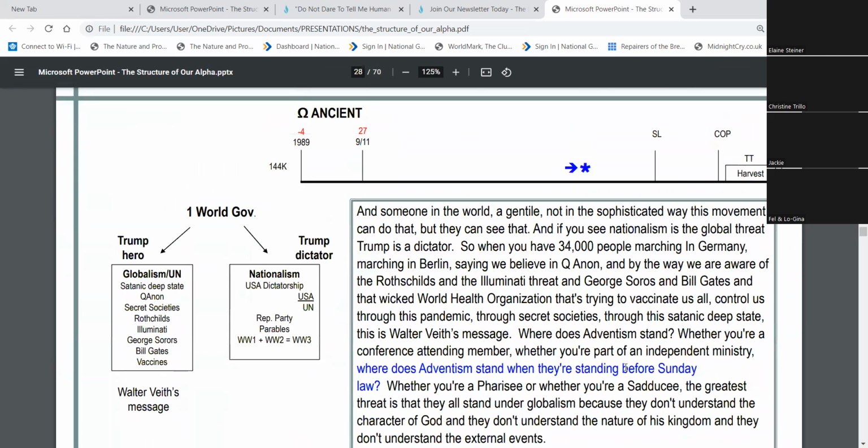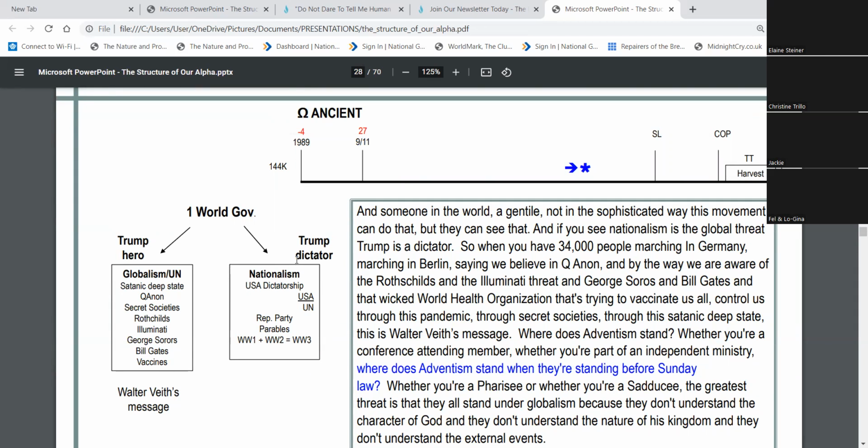And someone in the world, a Gentile, not in the sophisticated way this movement can do that, but they can see that. And if you see nationalism as the global threat, Trump is a dictator.